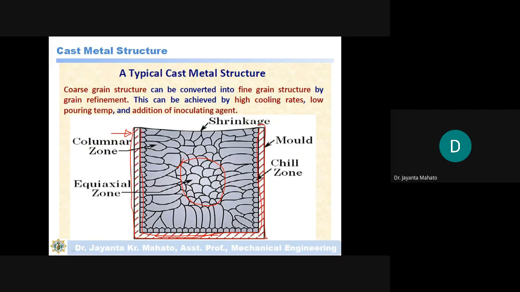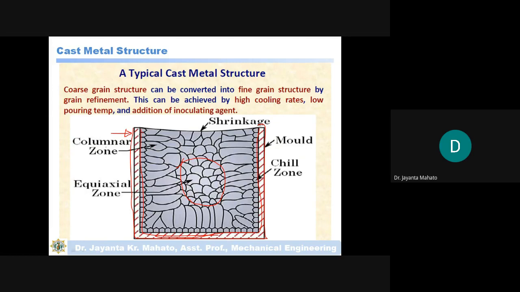As the cooling rate is faster at the surface of the mold cavity, the solidification rate is higher compared to the interior of the mold cavity. So at the surface of the mold cavity, the grains grow faster and form a columnar type.